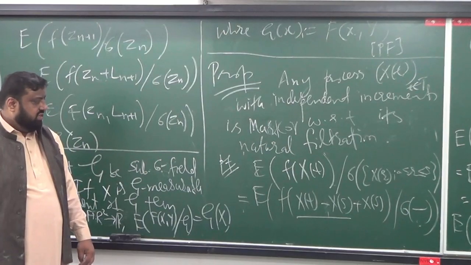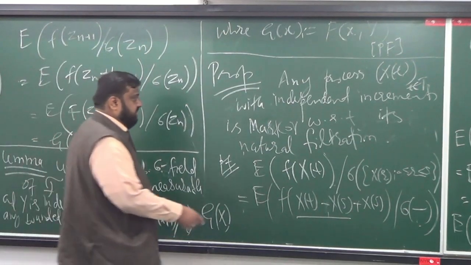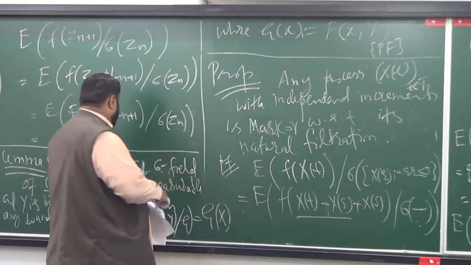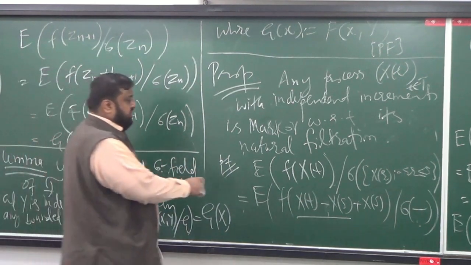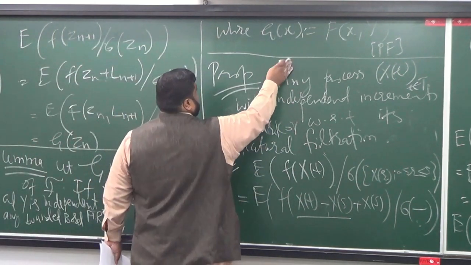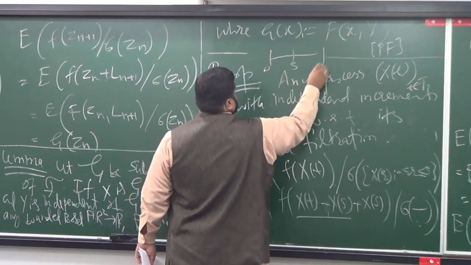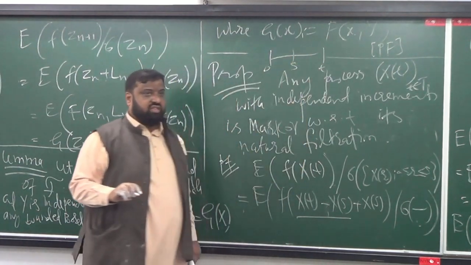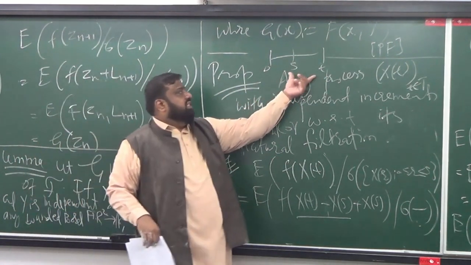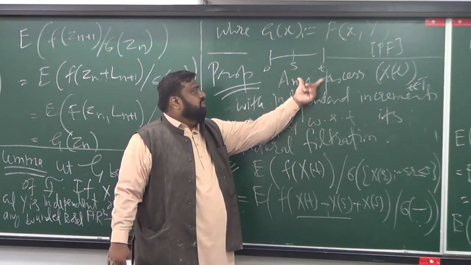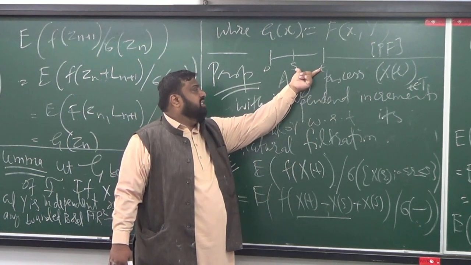Obviously we are trying to follow the definition, so we are assuming that 0 is somewhere here, s is here, and t is here. This increment is independent of it.